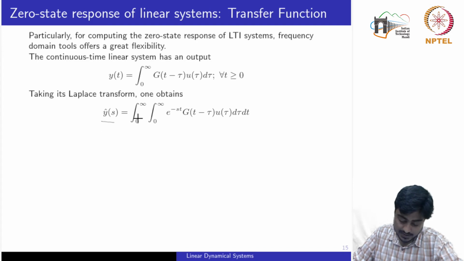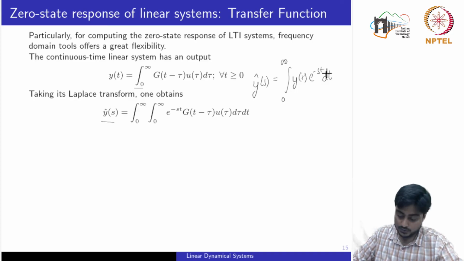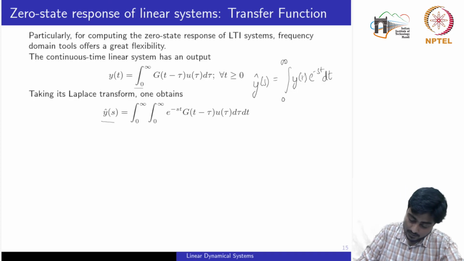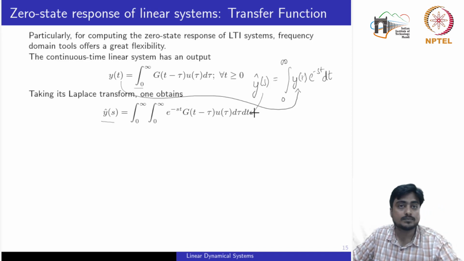If we take this integral from 0 to infinity, and 0 to infinity of this one, it is given by e to the power minus st, g of t minus tau, u of tau, d tau and dt. If I write explicitly, we would have y hat of s as the integral from 0 to infinity of y of t e to the power minus st dt. We just put y of t from here to here, and then we obtain this one.